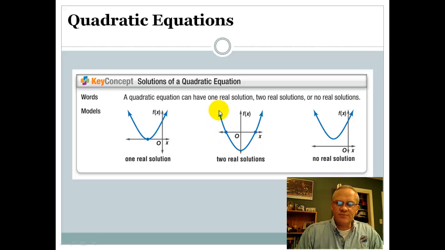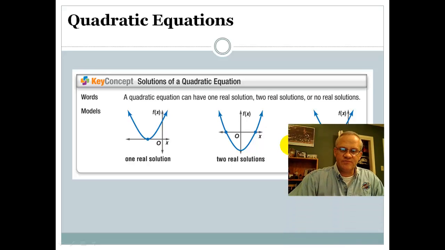Probably most of the time, the parabola goes down, touches once on the x-axis, and then comes back up and touches again. It touches in two places, which means you have two solutions. And then it could also happen that the parabola does not touch the x-axis, and you would get no solution. Those are the three potential things that could happen.